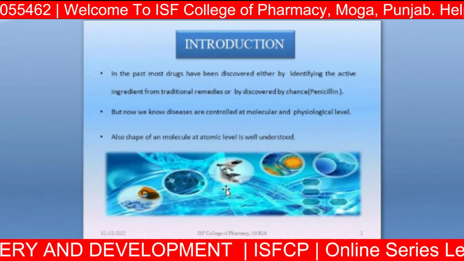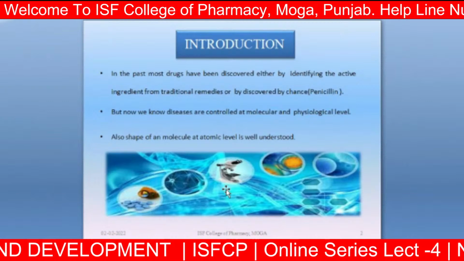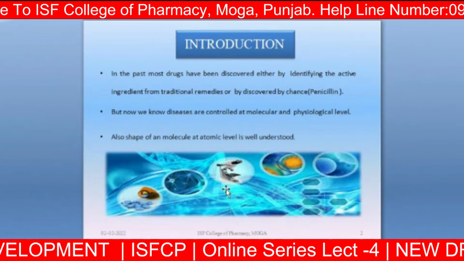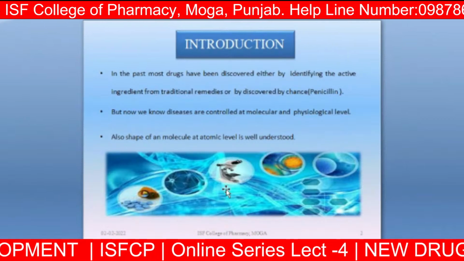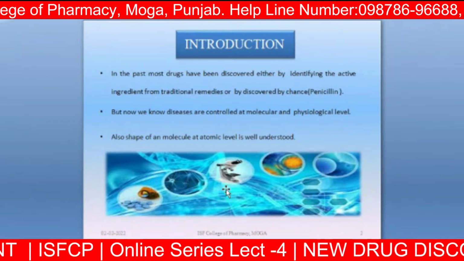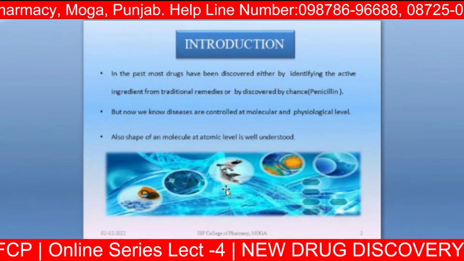Also, the shape of molecules at the atomic level is well understood. Nowadays we have various options. We can predict the drug activity, we can evaluate their activity, and we can potentiate the drug moiety so that it can work in a better manner.